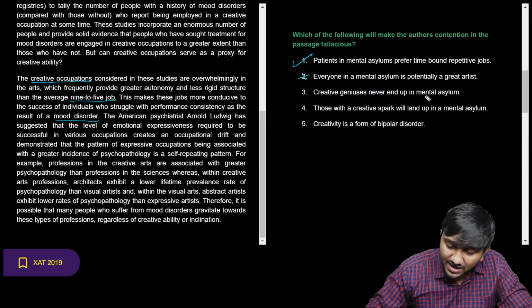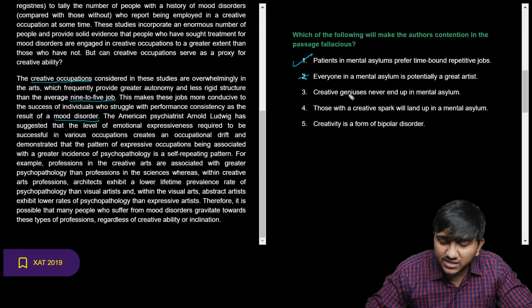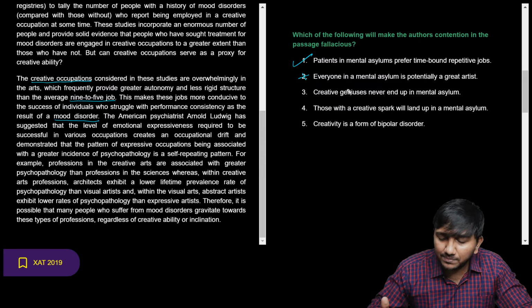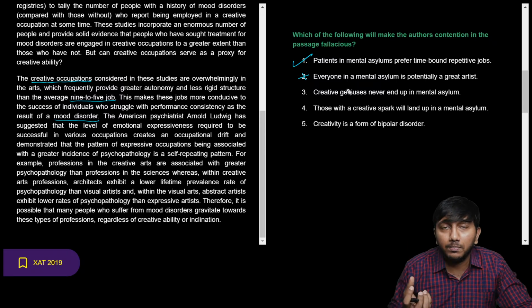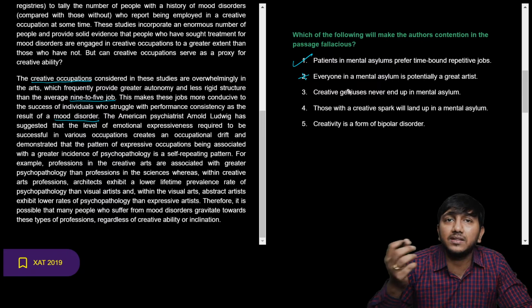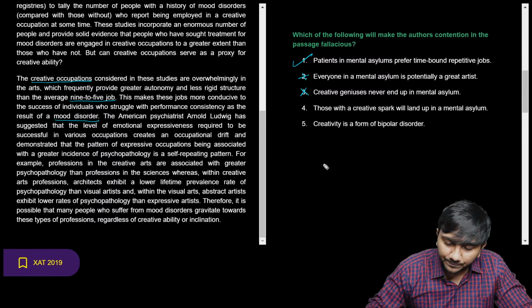Creative geniuses never end up in mental asylum. It doesn't say that creative geniuses should always end up in mental asylum or something like that. Even if they don't end up in mental asylum, there could be some people who have that kind of problem, who can have creativity. They might not end up as geniuses, but they could still have creativity. So this doesn't make the author's contentions fallacious.